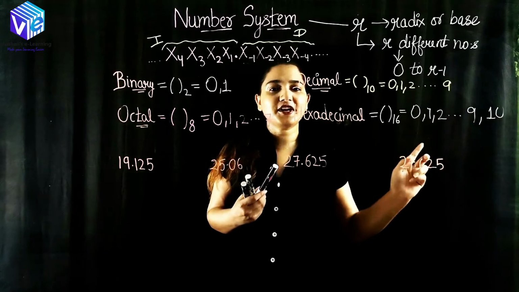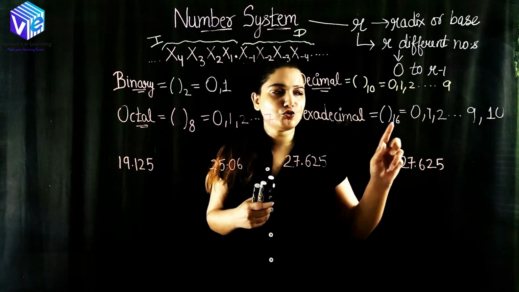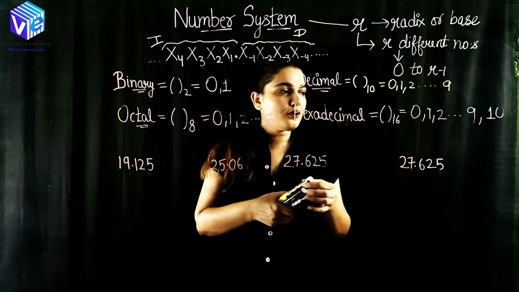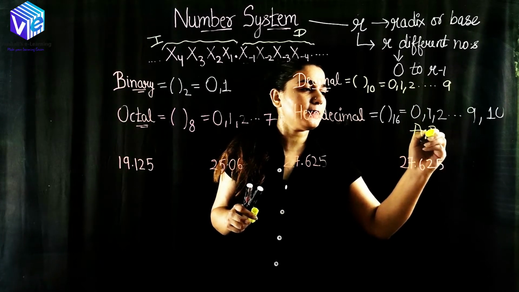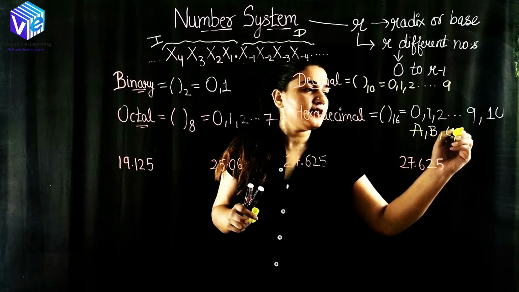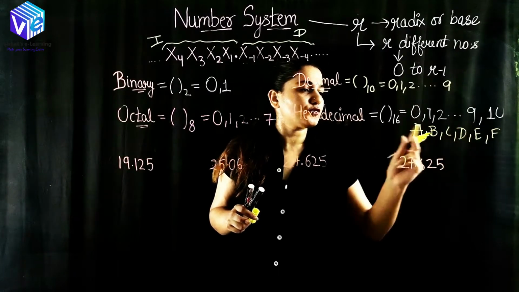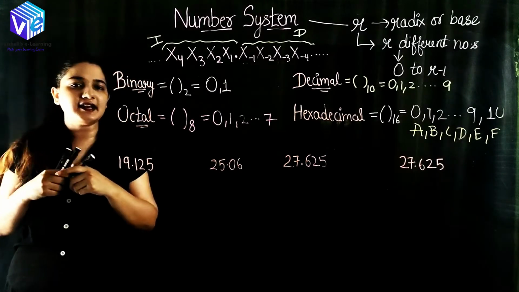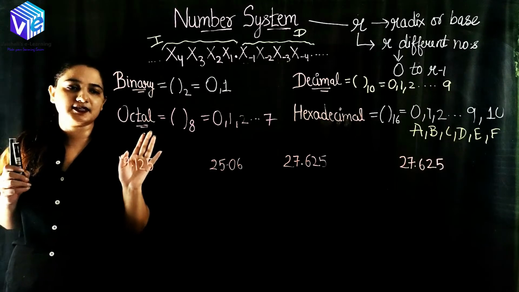It is not a different number. It's the combination of 1 and 0. We have already used 0 and 1, so now we cannot use 1 and 0 again. So what will I use? Instead of 10, I'll be using A, B, C, D, E and F. So up till 15, I'll have 0 to 9 and then A, B, C, D, E, F. This is my hexadecimal representation.